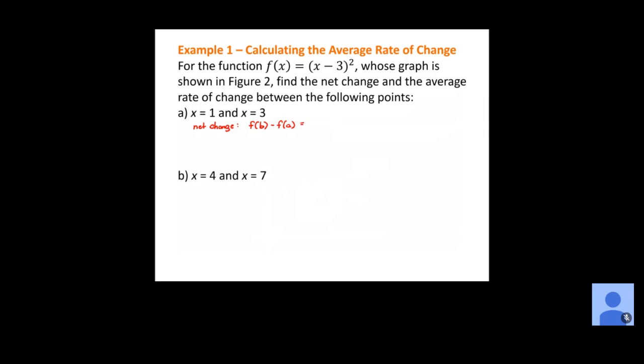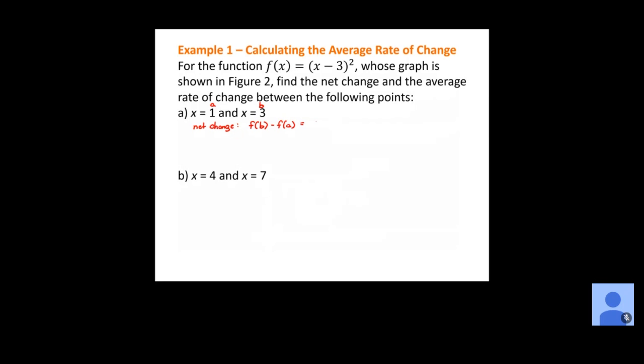So if we look at this one now, what's our a value and what's our b value? What's a going to be? The 1, good. Our smaller x value is the a value, which means the larger x value has to be the b. So 3 is going to be our b value.